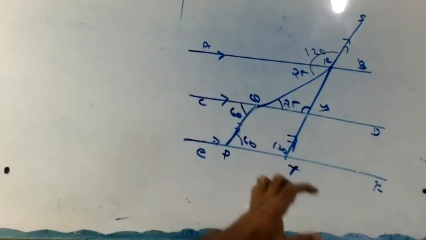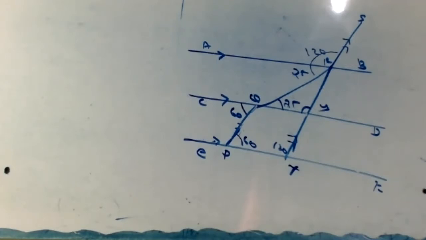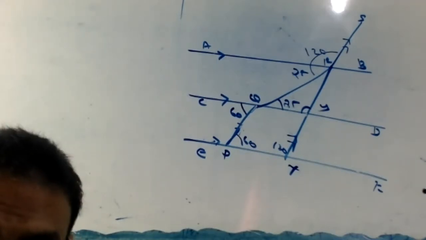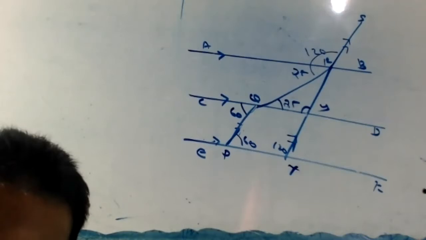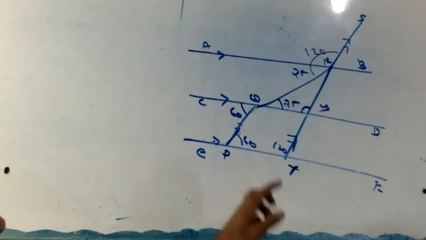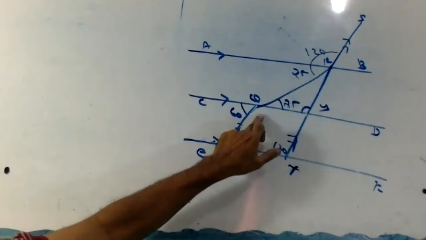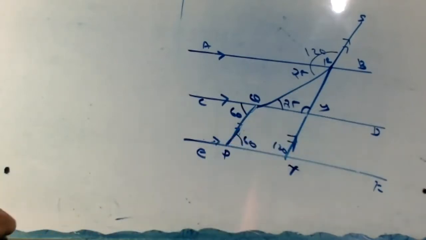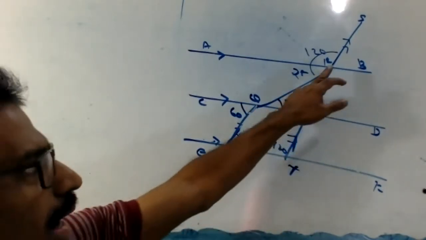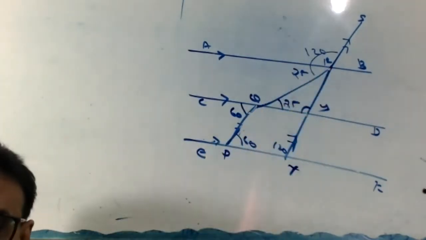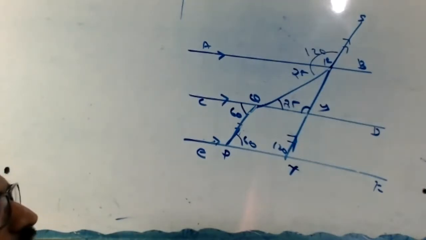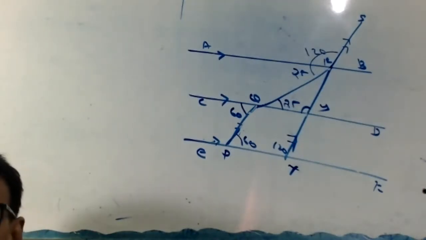AB parallel to CD, given. Therefore, angle ARQ equal to angle RQY equal to 25, alternate angles.